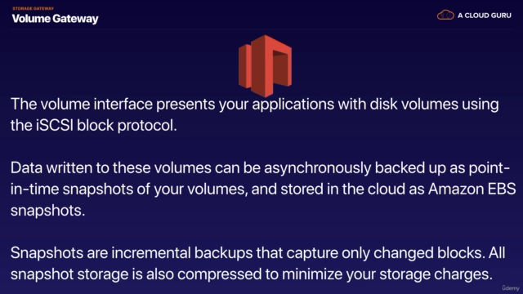So Volume Gateway basically is a way of storing your virtual hard disk drives in S3, and it looks like EBS snapshots. Now, don't worry, we haven't covered off what EBS is yet. We will cover that off in EC2 in the very next section of the course. But just think of Volume Gateway as a way of storing virtual hard disk drives in the cloud.